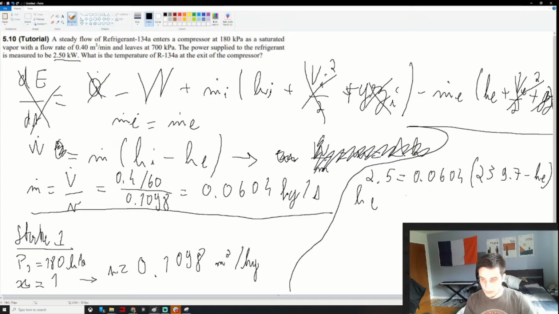The answer is wrong. Actually, let me factorize everything. Is equal to 2.5 divided by 0.0604. So actually this one is minus.